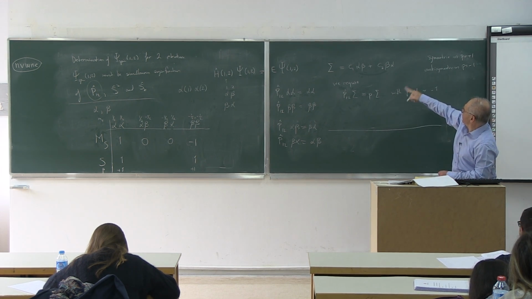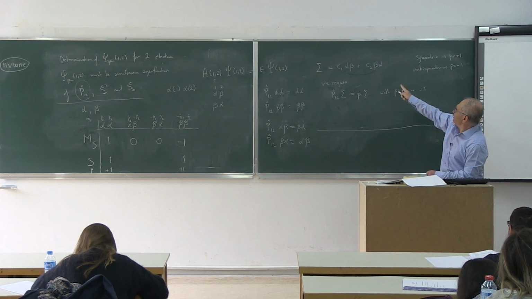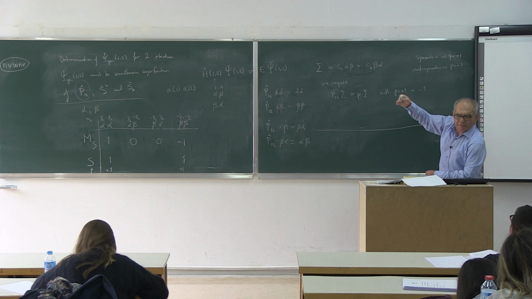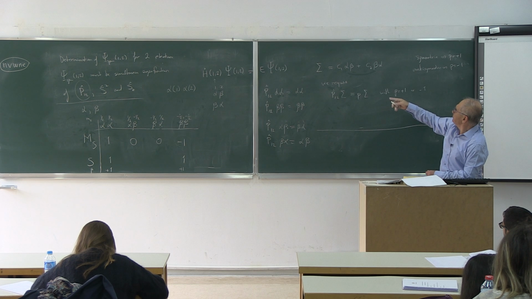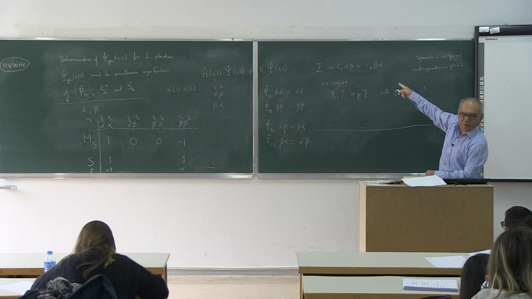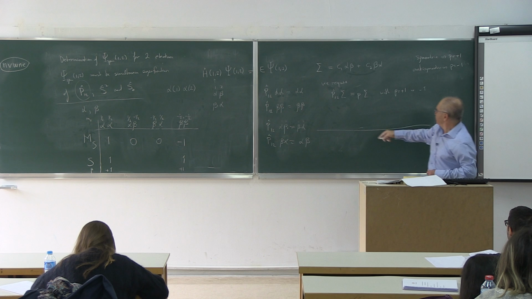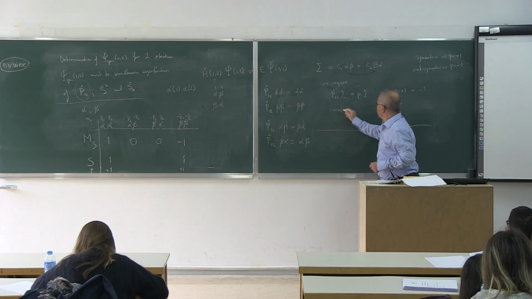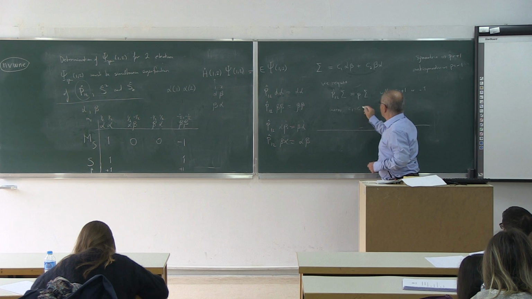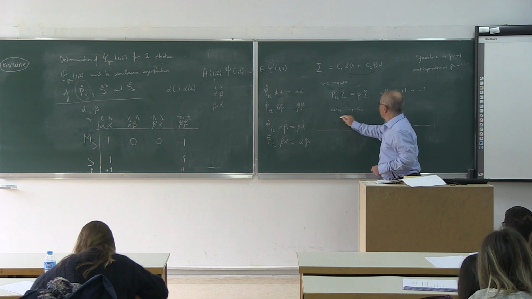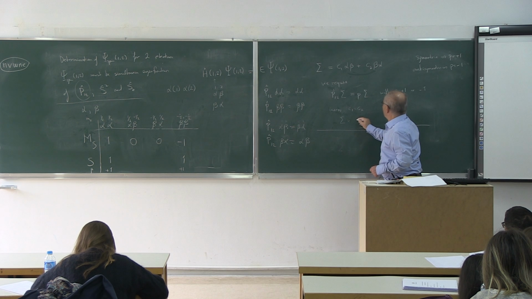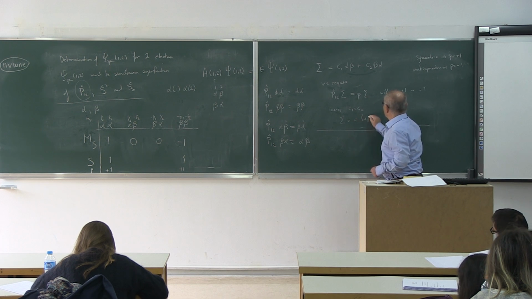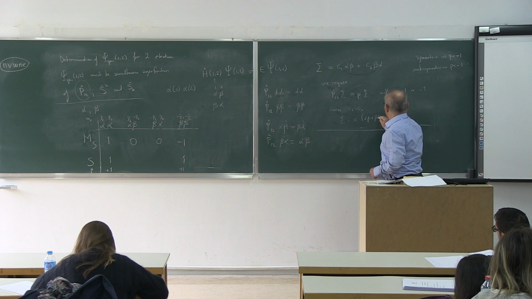For this function to be symmetric under exchange, what must be the relative values of C1 and C2? You can guess it. If you take C1 the same as C2, then sigma will be a coefficient times alpha beta plus beta alpha.